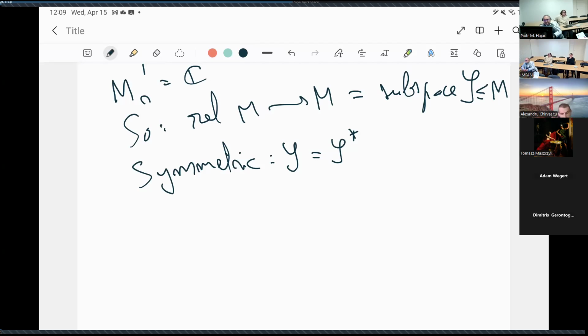Next, we also had reflexive. You say reflexive like this: the identity, just the unit morphism, the identity morphism, belongs to S.